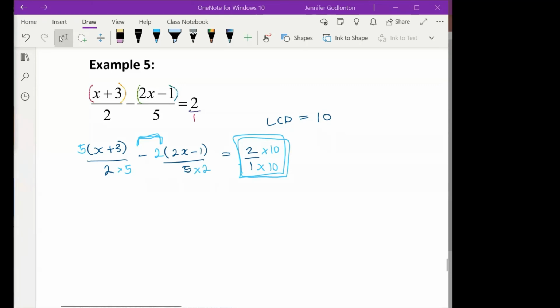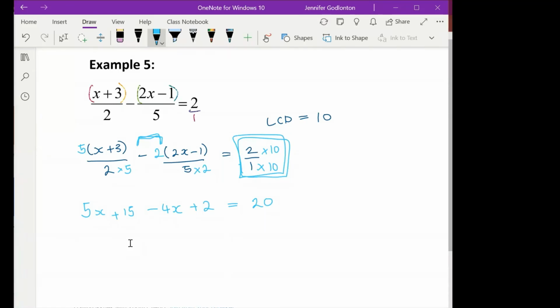5x. Okay. Plus 15. Yeah. Minus 4x. Yeah. Plus 2. Good. Equals 20. Beautiful.